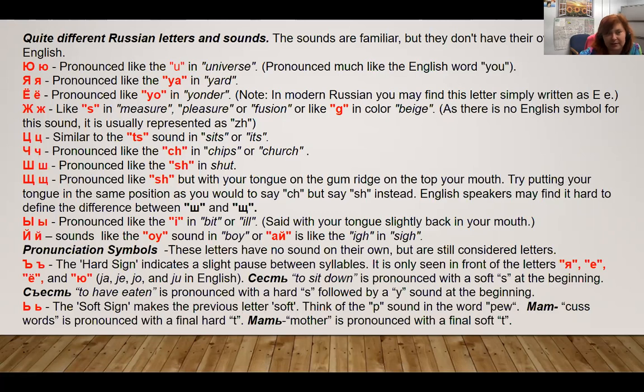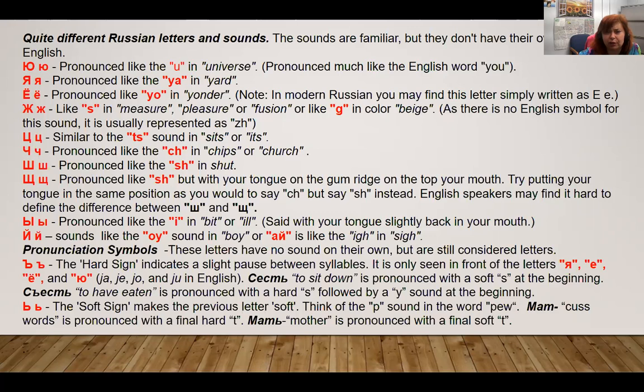So this is the last letter of the Russian alphabet, and it means me, or I. Pronoun, and also it can be the whole sentence. Interesting, right? The next is yo, pronounced like yo in yonder.